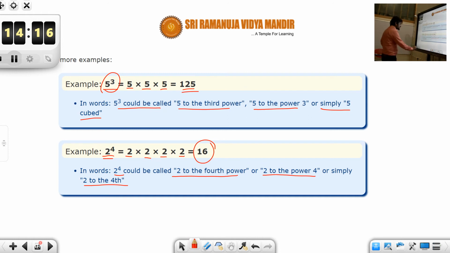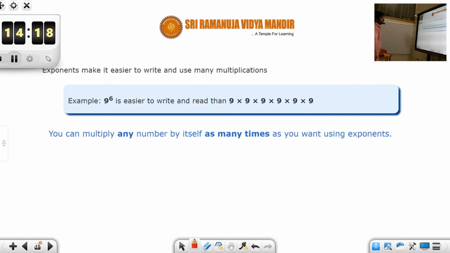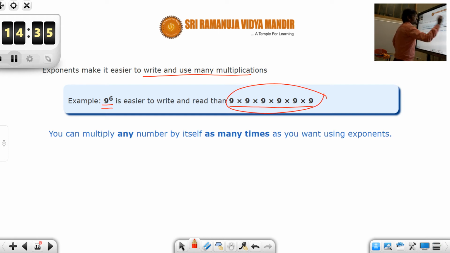Okay. Let's look at the next slide. Exponents make it easier to write and use many multiplications. For example, 9 raised to the power 6 means 9 will multiply with itself 6 times. If you look at this expression, it is a bit cumbersome. It is occupying so much space.